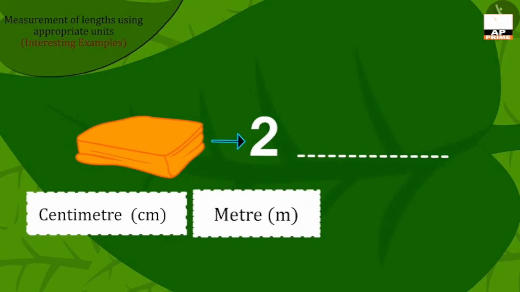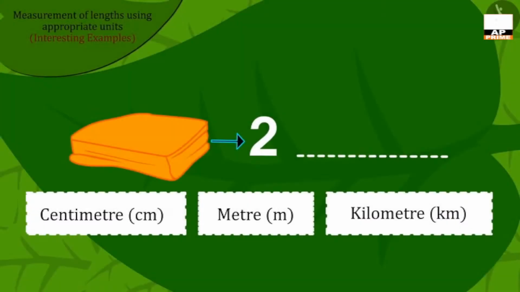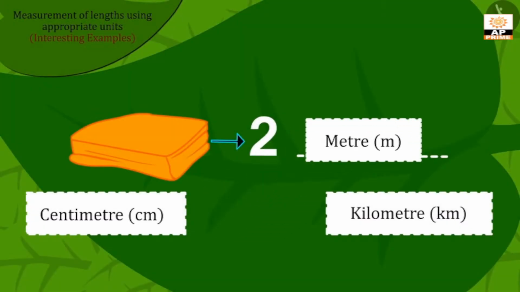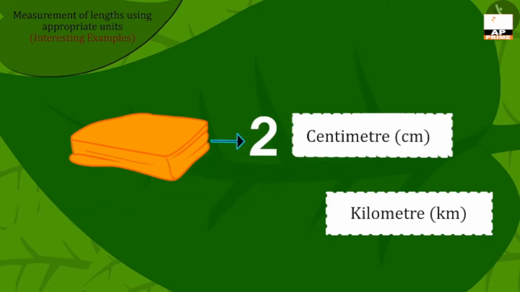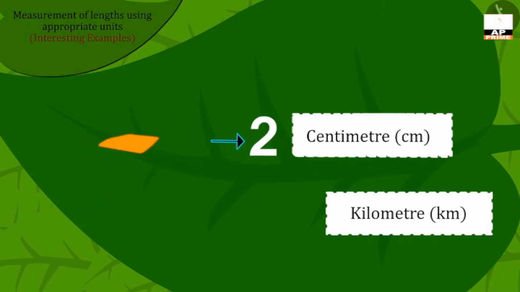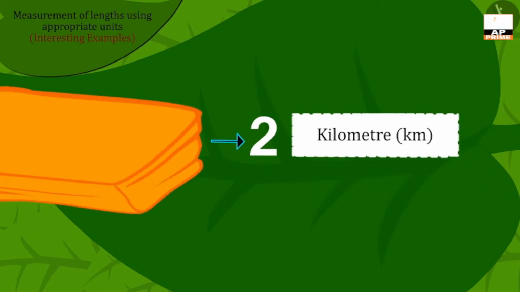Centimeters, meters, or kilometers? Which one should be used? Well done, kids. Your answer is absolutely correct. Raju should use meter for the piece of cloth for his father's shirt, because the 2 centimeter measure would be too short and 2 kilometer would be too long.